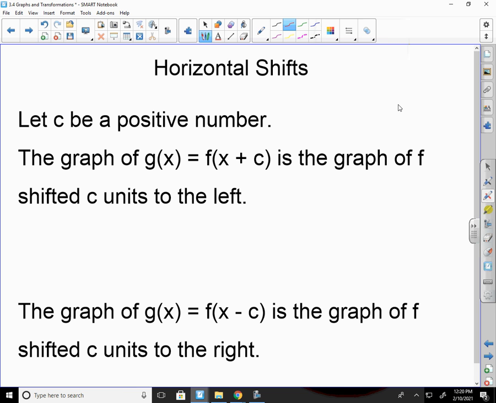That takes us to horizontal shifts. Let C be a positive number.